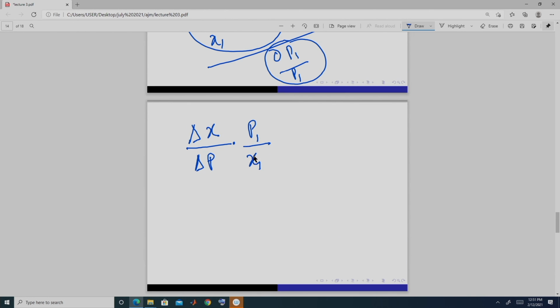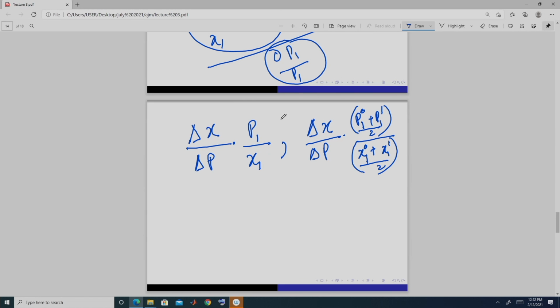You can take the initial price or the average of these two prices, both are possible. This again is a percentage change.